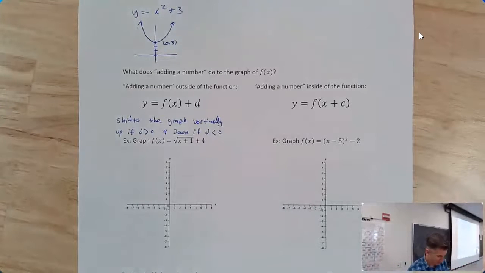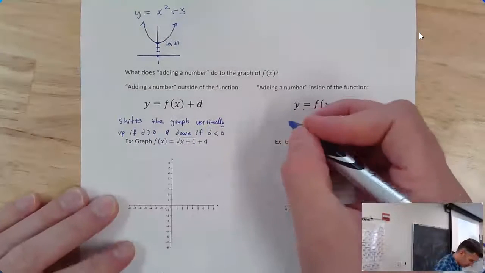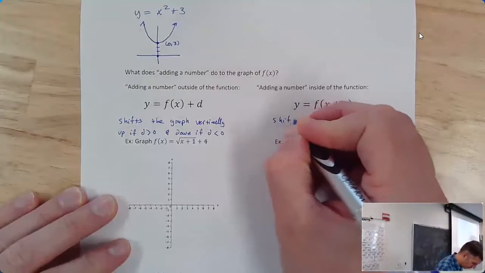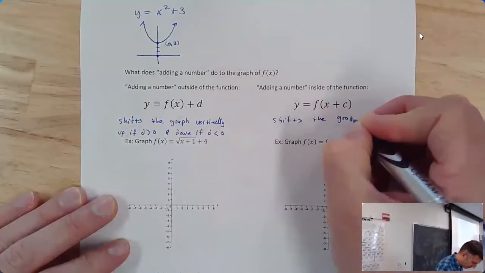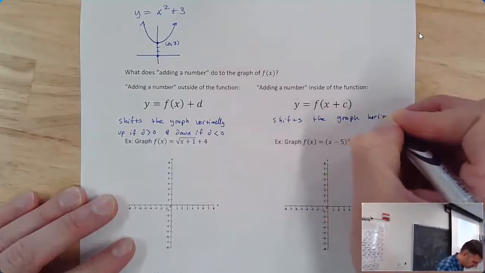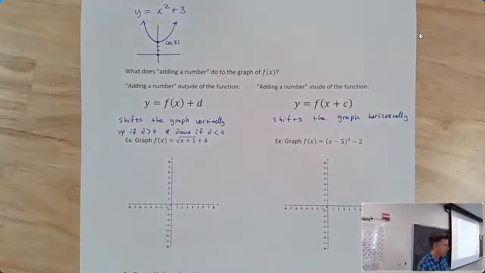On the other hand, if you add a number inside the function, and this is where things are a little bit interesting, it's going to shift the graph horizontally. And people always feel the horizontal shifts are counterintuitive. If you add a number inside the function, it's going to shift it to the left.